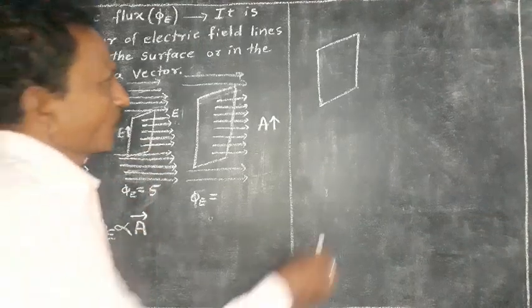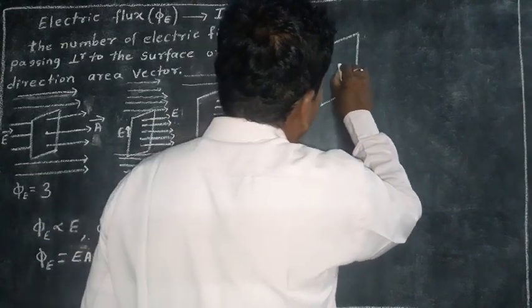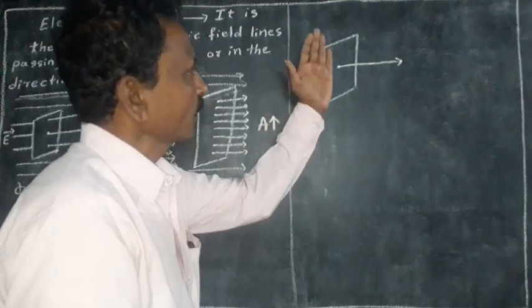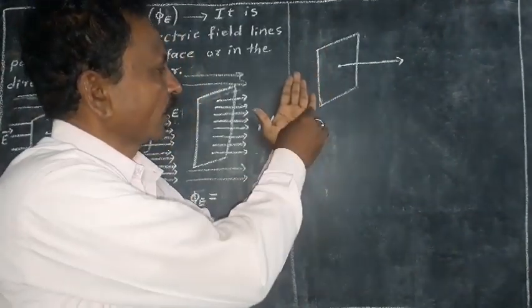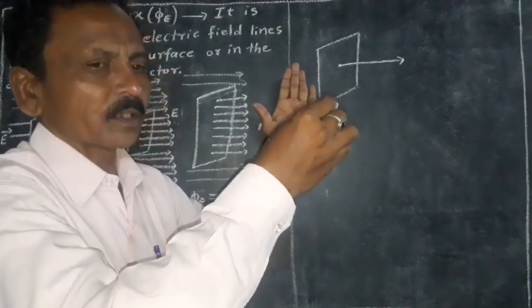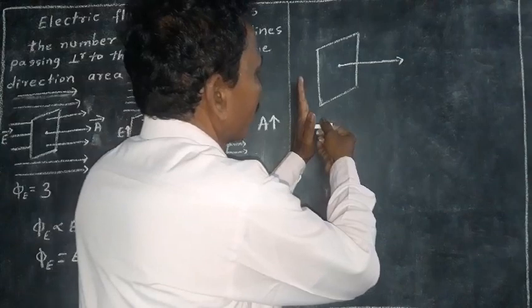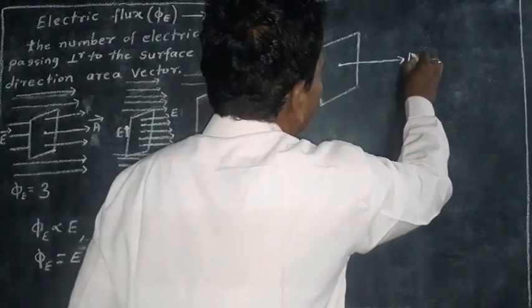And suppose the direction of this area factor is perpendicular to the surface. If the surface is as shown, the area factor is perpendicular to the surface. This is area factor.